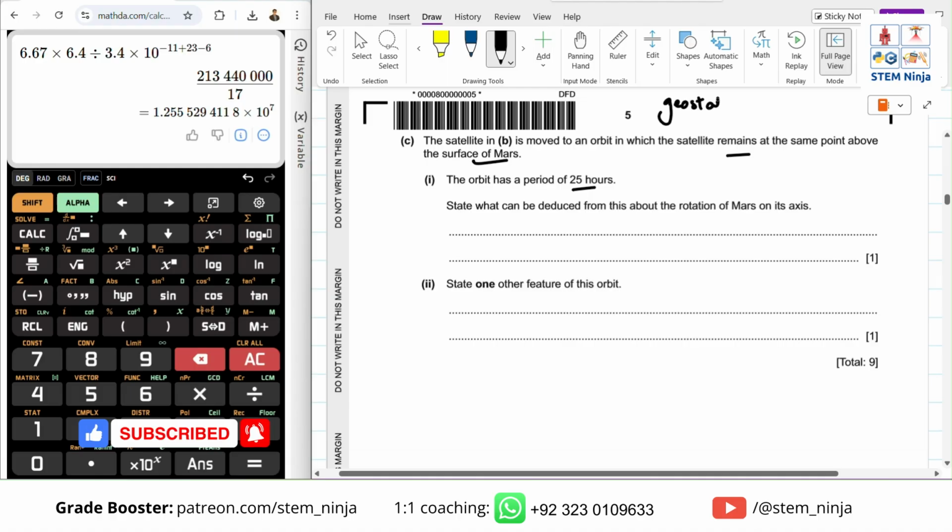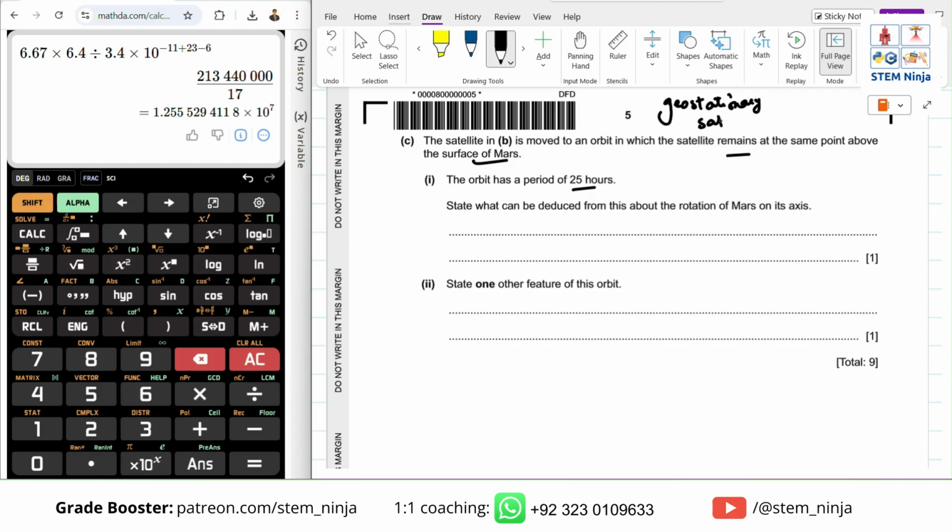So the period of the geostationary satellites is usually equal to the period of the planet itself. So on the Earth, period of the geostationary satellite is 24 hours, which is also the period of rotation of the planet.